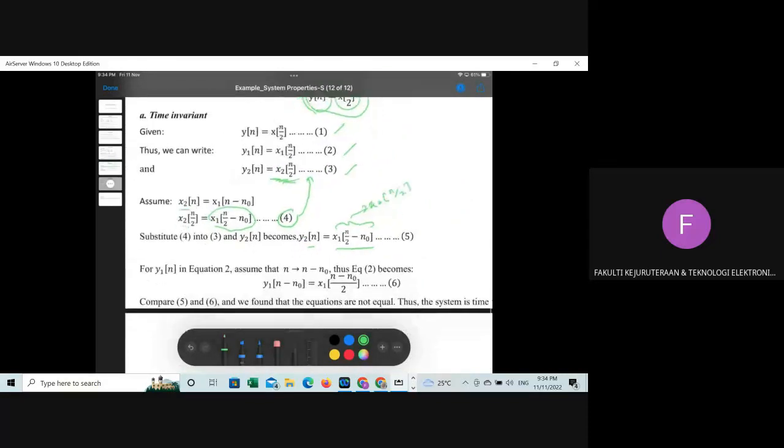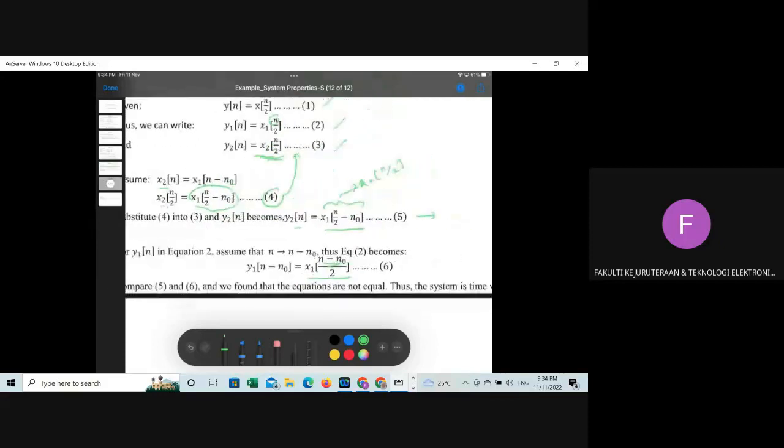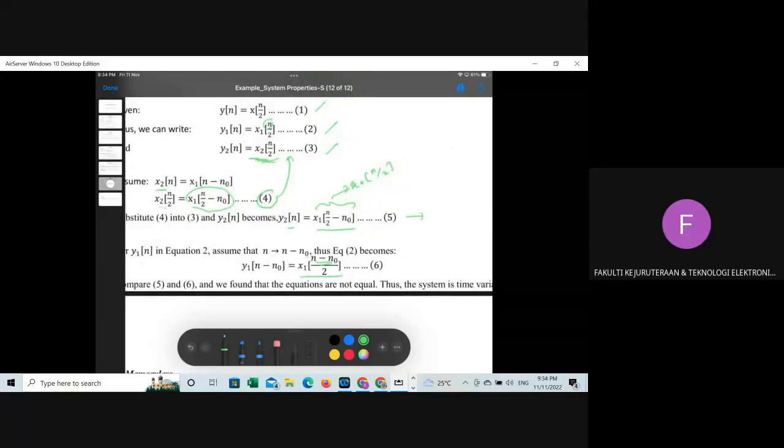Leave equation 4 as it is, and then go to equation 2, do the time delay, where you have to transform n to n minus n naught. So you will see that n is transformed to n minus n naught. Then you compare equations 5 and 6, and you'll see that they are not the same. Equation 5 is n over 2 minus n naught, equation 6 is n minus n naught, all divided by 2.